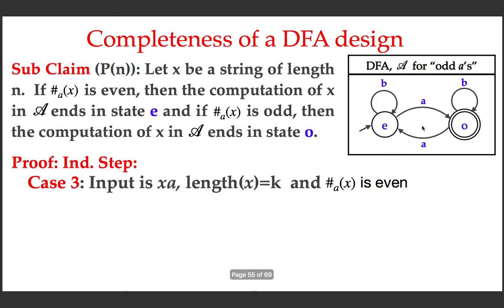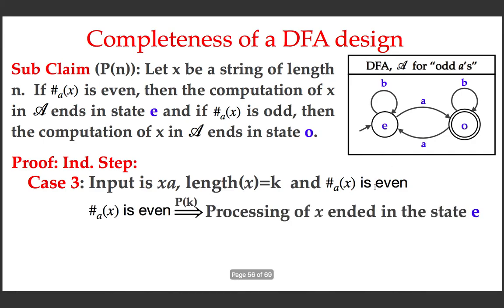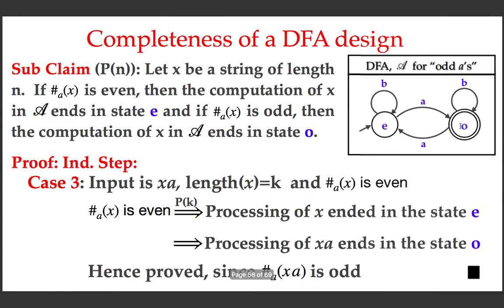Okay, and the next case is XA when the number of A's in X is even. The number of A's in X is even means the processing of X ended in E. And after that, what are you processing? You are processing A. So you are in E and you are processing an A, so you are coming to O. In that case also you are done because now the number of A's in XA is odd.